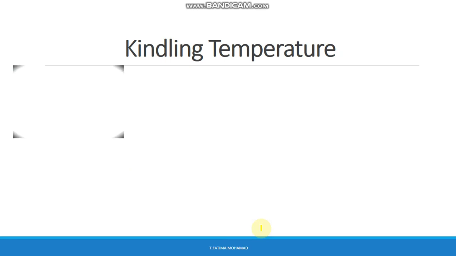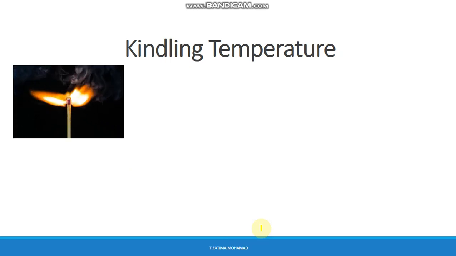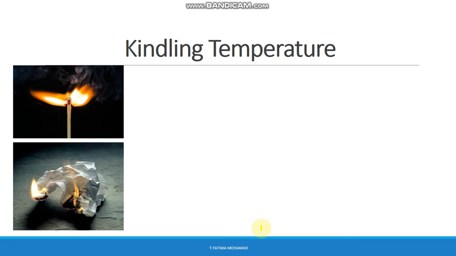Kindling temperature. To define kindling temperature, here the first picture is the combustion of a matchstick. In the second picture we have the combustion of a paper. If you start heating them at the same time, would they burn at the same time?